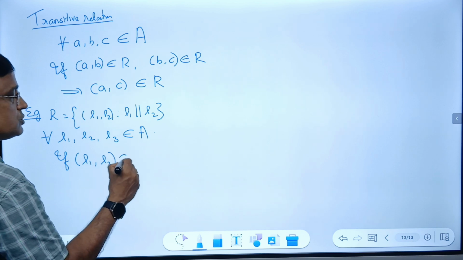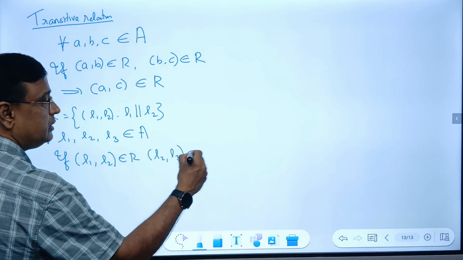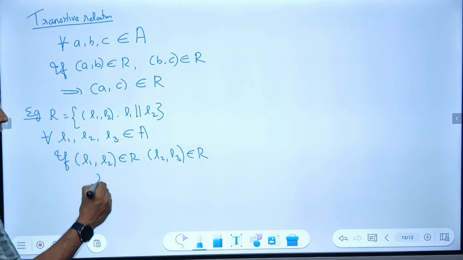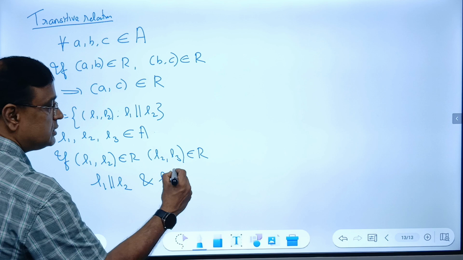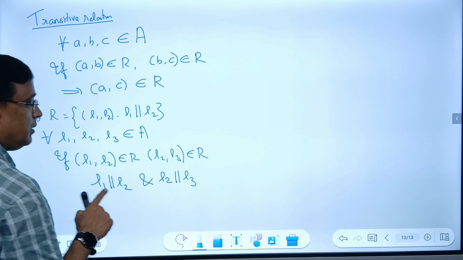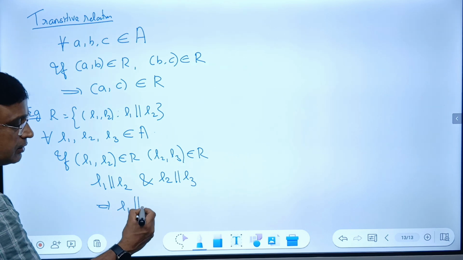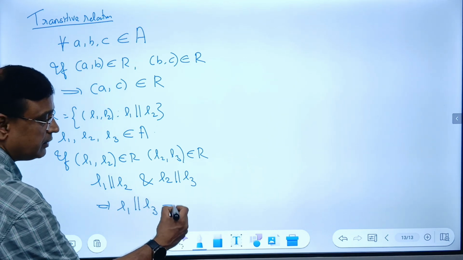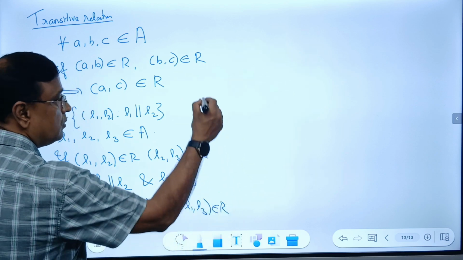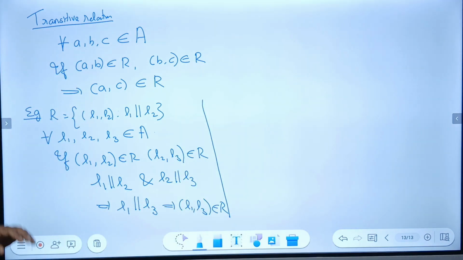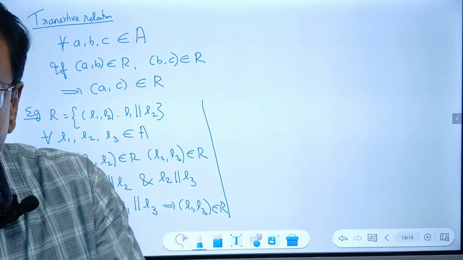(L1, L2) belongs to R, and (L2, L3) belongs to R. These two are true. That means what? L1 is parallel to L2 and L2 is parallel to L3. So clearly you can see that by geometry, L1 is parallel to L3. This implies (L1, L3) belongs to R. So this is an example of a relation which is reflexive, which is symmetric, and it is also transitive.